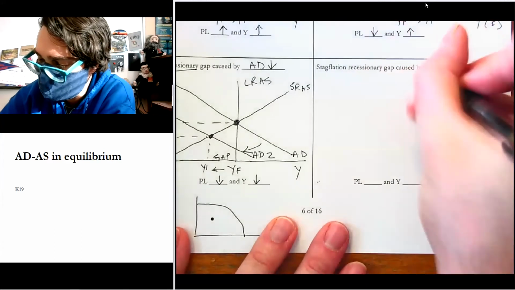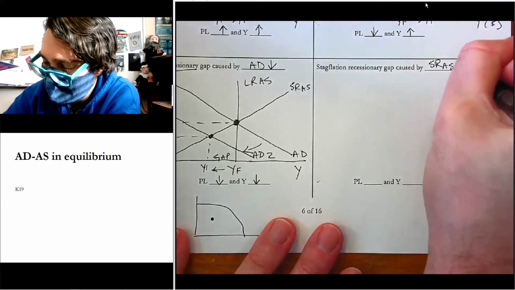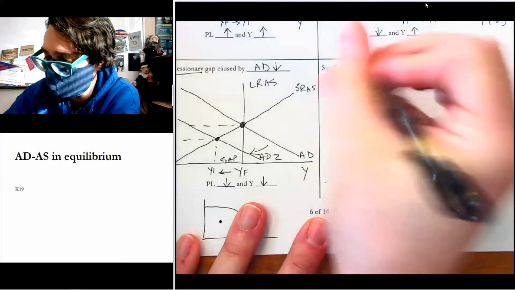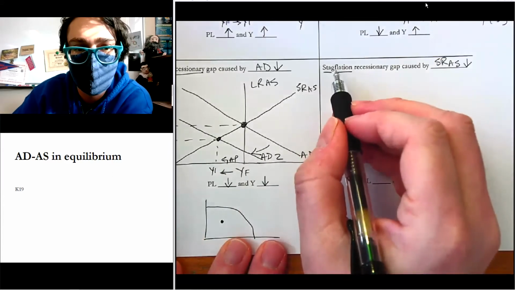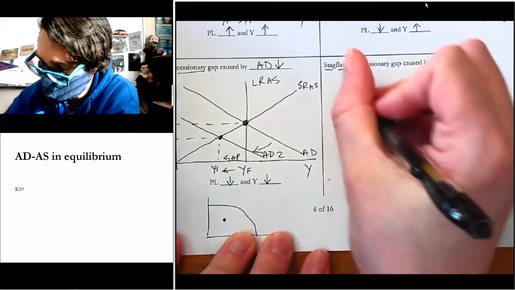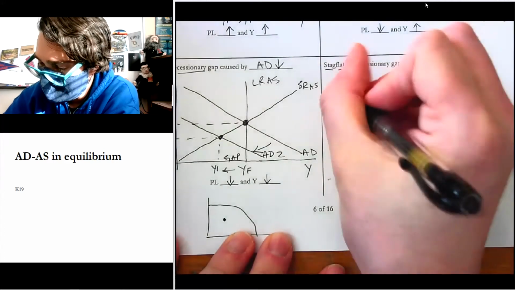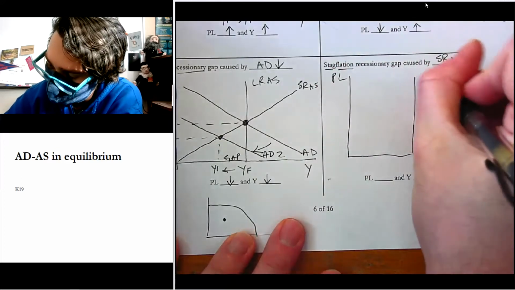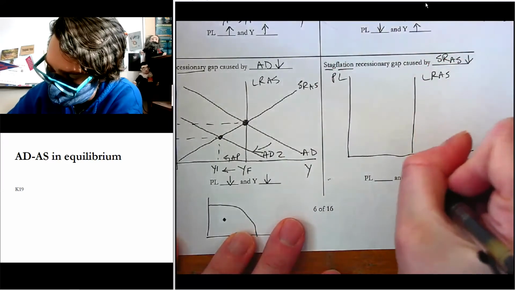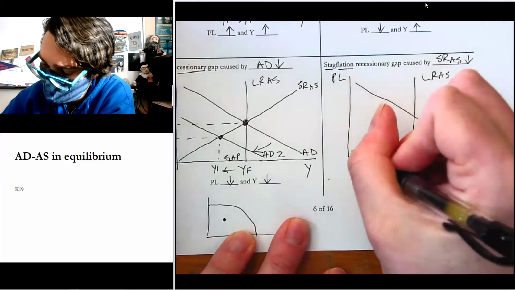This type, though, is a really nasty kind of recession. It's so bad, in fact, that we give it a special name. We call it stagflation because it's a stagnant economy plus inflation. Stagnant economy plus inflation. So it's a twofer of bad, right? Really bad. Just awful, no good. Aggregate demand.